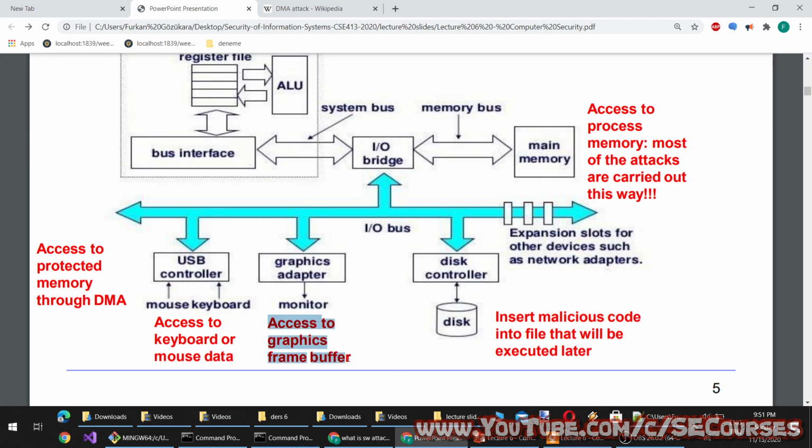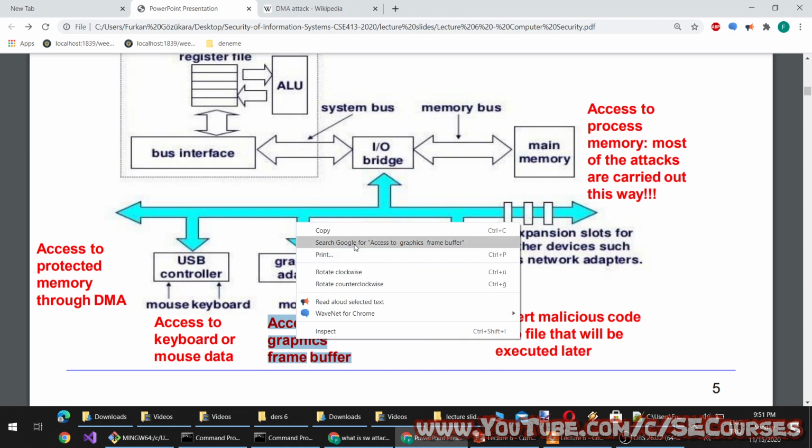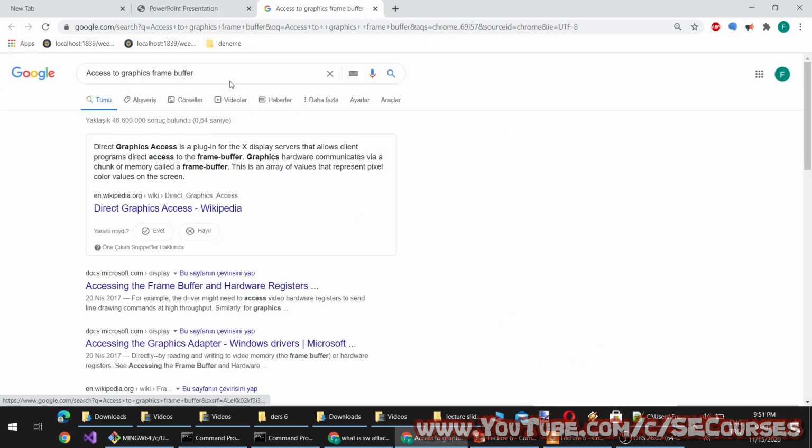Okay, so there is access to graphic frame buffer attack.